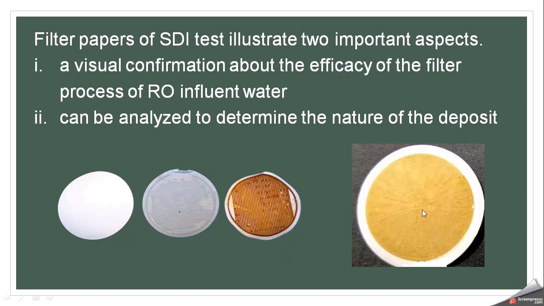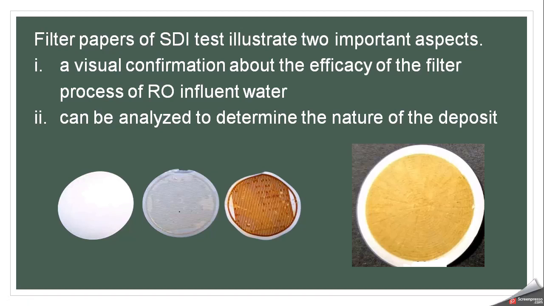This is another type of test for this. What these filter papers are telling us is a visual confirmation about the efficacy of the filtration process of RO influent water. So we can check with the help of this test whether our pre-filtration or pre-treatment system is working properly or not.